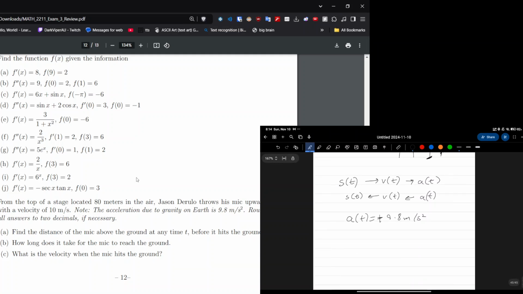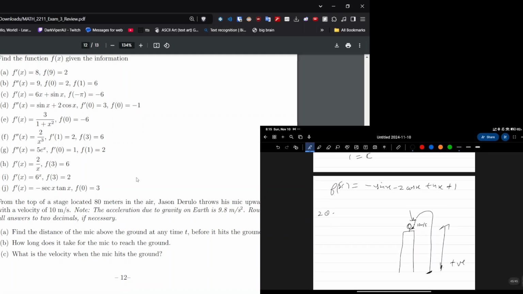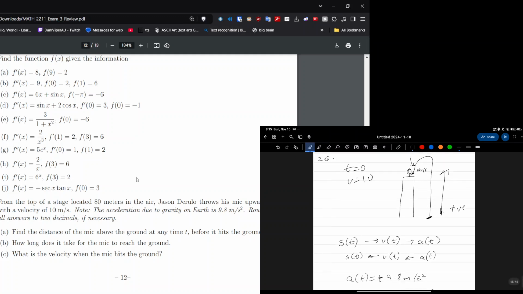Okay, now let's take the antiderivative of that. So this would become v of t equals 9.8 t plus c, where t is the variable I'm taking. Now, have I been given anything about velocity? Yes. At time equals 0, the instant from his hand, the velocity was 10.